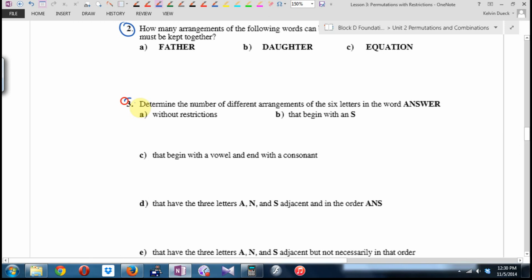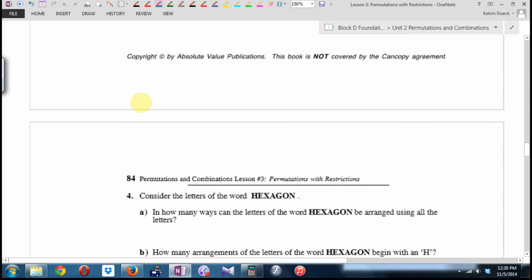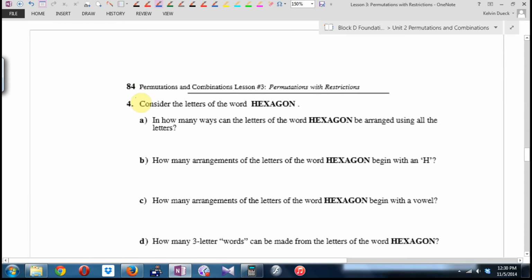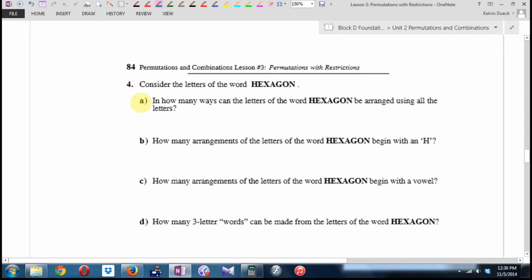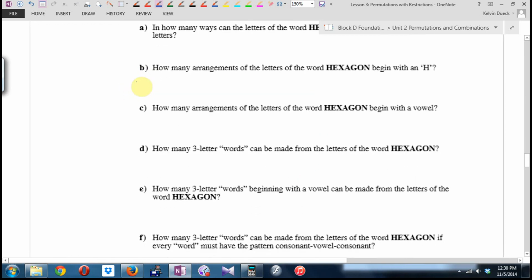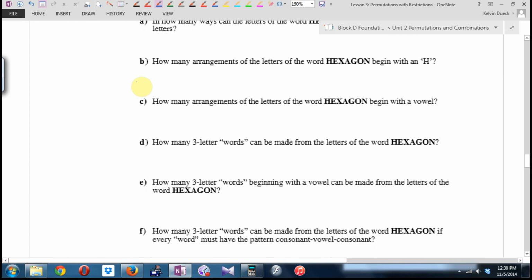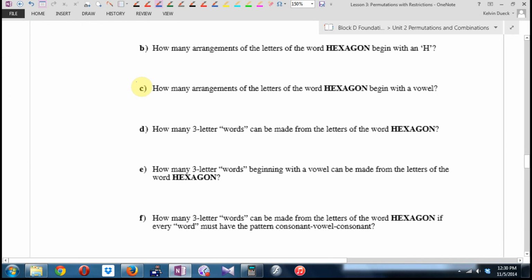I think we can handle 3. 4a is easy. It's going to be 7 factorial. H, that's one restriction. You know what? 4 we can handle. Oh, hang on. There's more. Hang on. Circle 4, but I might cross some.